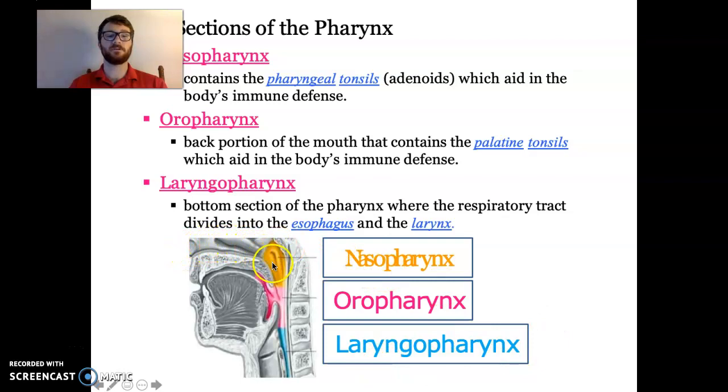The nasopharynx only comes in contact with air that passes through the nose. However, the oropharynx, oro is a prefix used for the mouth. It comes into contact with air both from the nose and from the mouth.